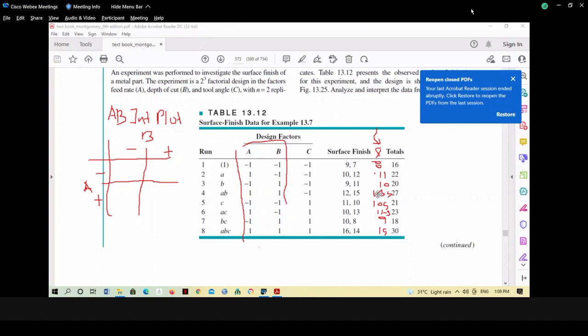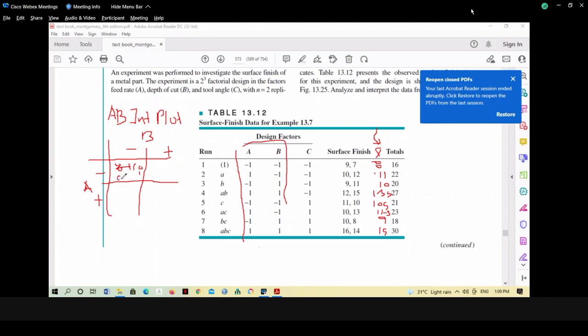In this particular case, you take the mean of 8 plus 8 plus 10.5, is it 10.5? Yes, correct. So 8 plus 10.5, we get 9.25.